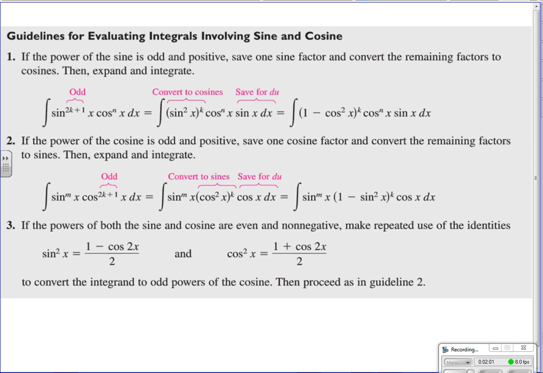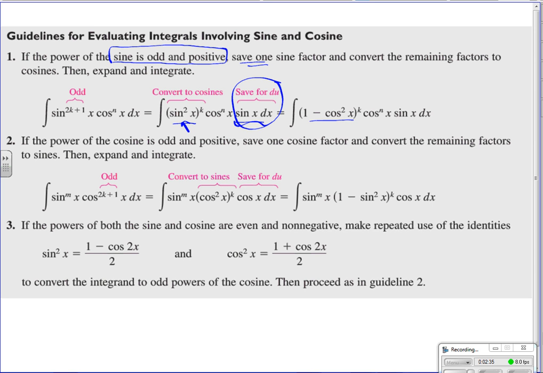If the power of sine is odd and positive, the idea is we're going to save one of our sines out and then convert everything else to cosine. If I pull one of these sines away, this will give me an even power of sines. I can save this for my du sub, and I can convert the rest into a cosine function using that Pythagorean identity.